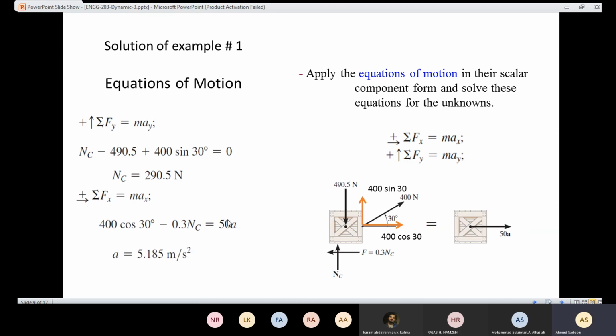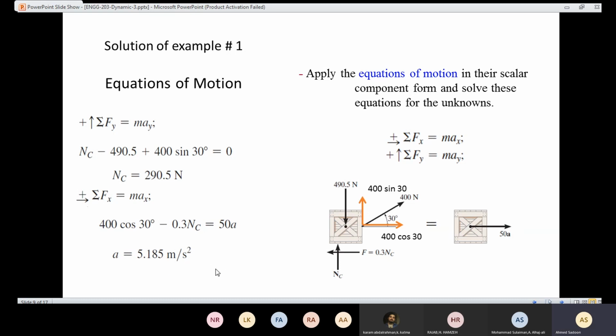Then here I have only one unknown, which is the acceleration. We solve for the acceleration, and the answer came out to be 5.185 meters per second squared. So now we got the value of the acceleration. And the value of acceleration here, like you can see, is constant. It's not going to change.